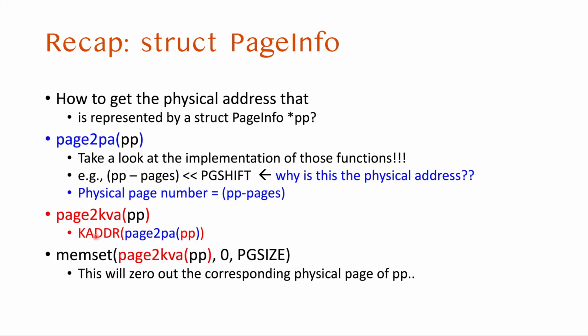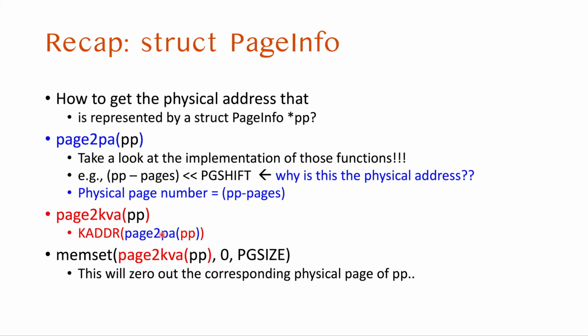Then page2kva PP will return a kernel virtual address, so that's why you can use this address in memset. If you just put page2pa, it will crash because you cannot access a physical address.